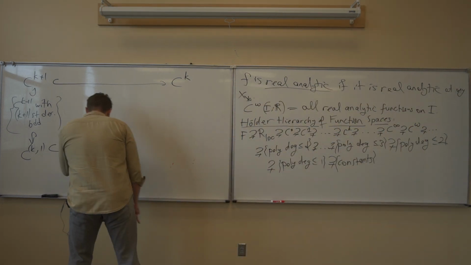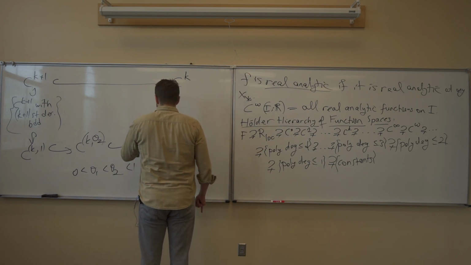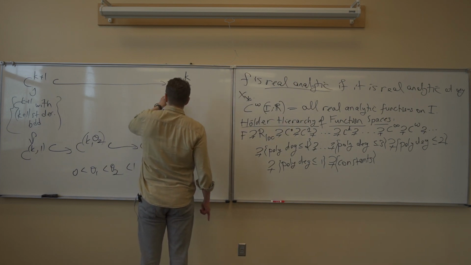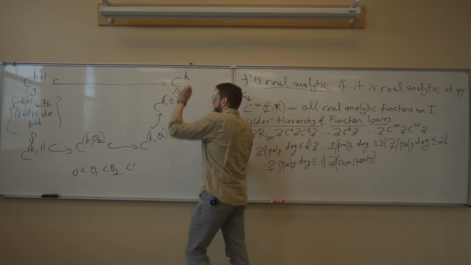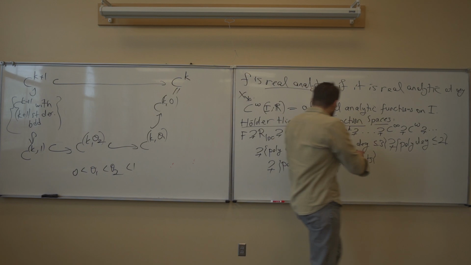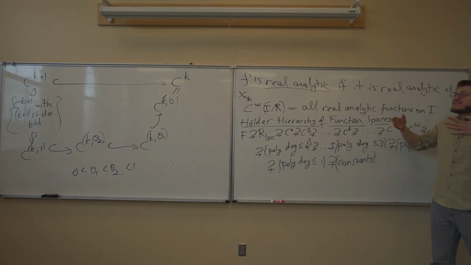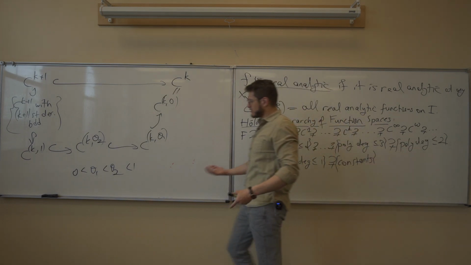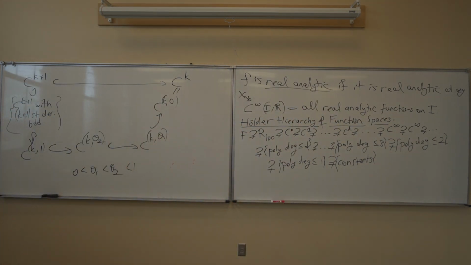This is inside this, and then this is inside C^(k, 0). C^(k, 0) is the same thing as C^k. So you have this hierarchy, and between any one of these finite order differentiability classes, you have infinitely many spaces as well. So you have all these knobs that you can deal with.